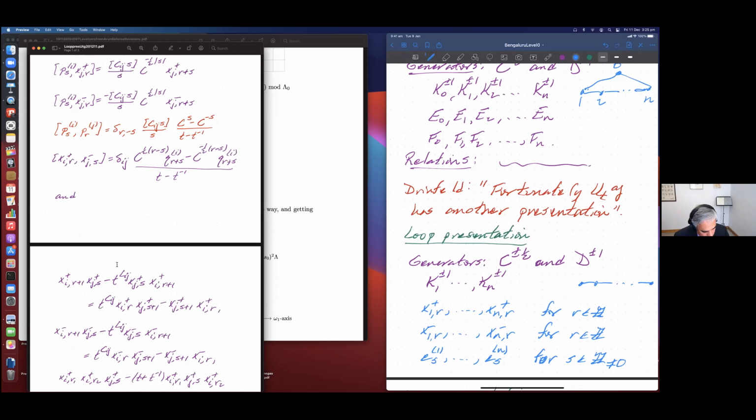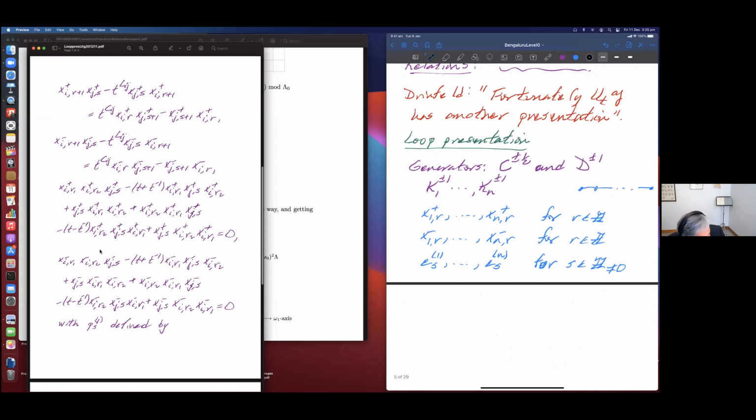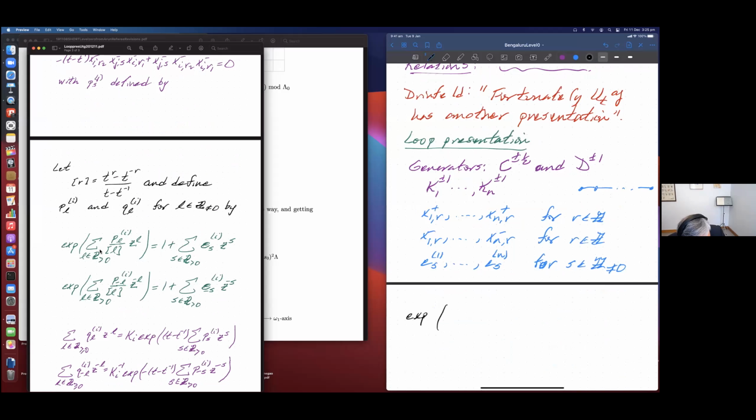But there's one formula I want to copy here from these relations. And that is this formula, which says that the exponential of the sum over l in Z greater than 0 of P_{l,i} divided by the t-analog of l times z to the l is equal to 1 plus the sum over s in Z greater than 0 of E_{s,i} z to the s.